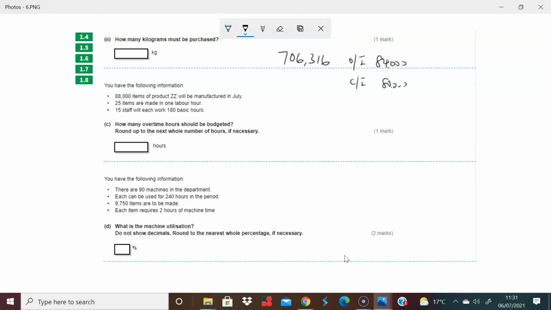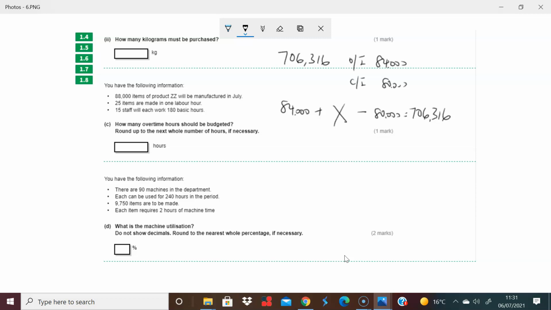So the question here is how much am I going to purchase? I have 84,000 to start off with. I'm going to have to purchase a certain amount, and then I need to make sure I have 80,000 left because I'm going to be releasing 706,316. So I can do 706,316 plus 80,000 minus 84,000, which is this equation in effect.